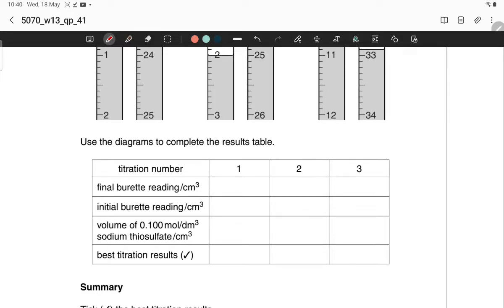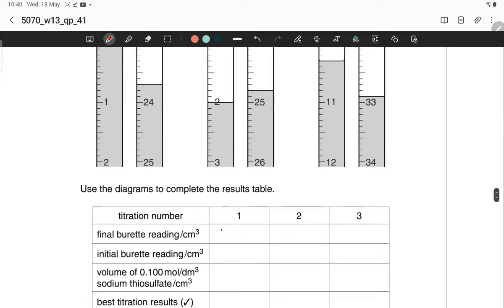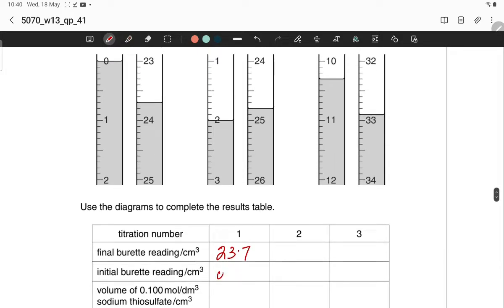For the first titration, the final burette reading is 23.7 and the initial is 0.00. For the second titration, the final reading is 24.8 and the initial reading is 2.0.